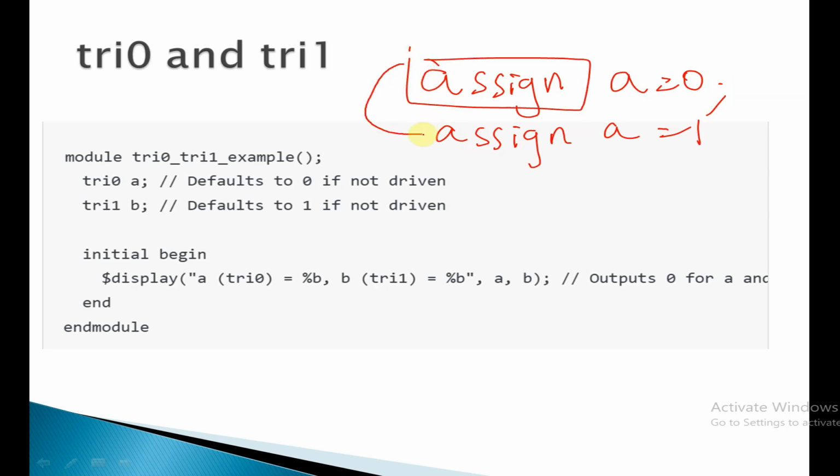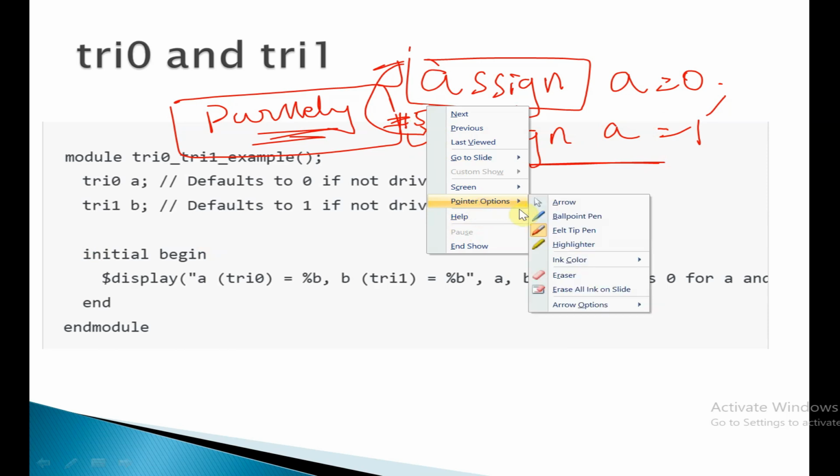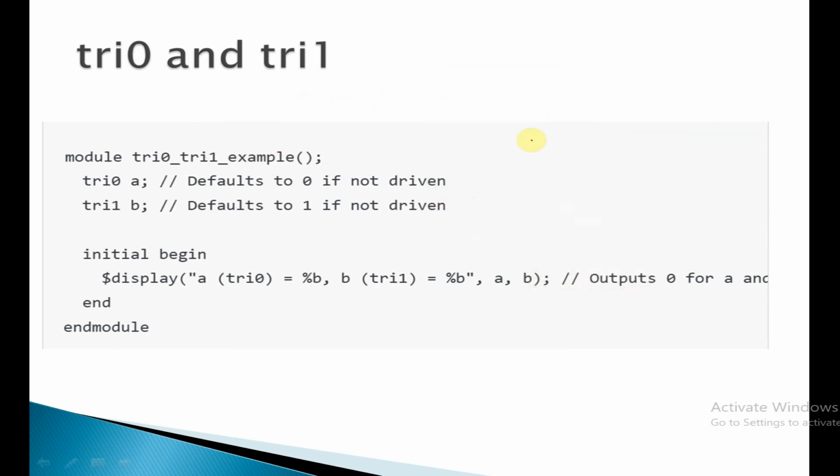These two assign statements will be running parallelly, at the same timestamp, together. But if we include a delay between them, then it will be 1. If we use some delay construct like #5, then the last updated value will be shown. About this assign keyword, the parallel execution, that is the concurrent execution, everything we will discuss in dataflow modeling.